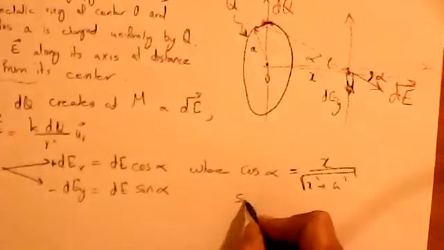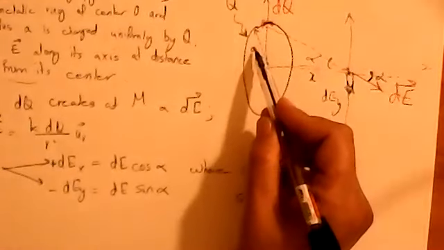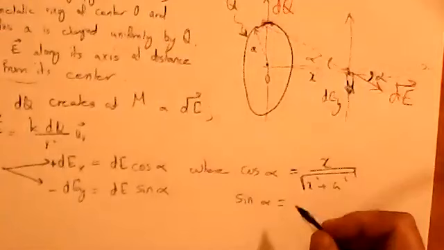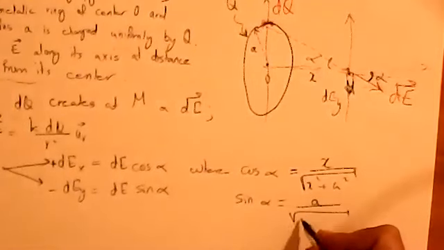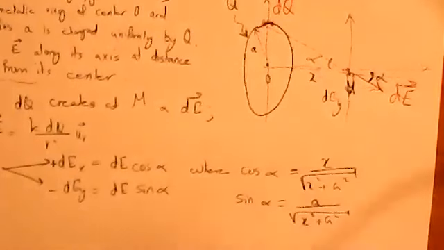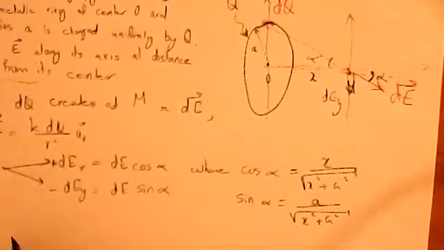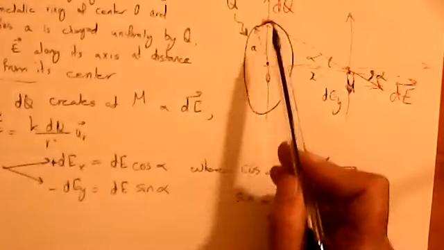And sine alpha is opposite over hypotenuse, the opposite is the radius a, so it's a over the square root of x squared plus a squared.